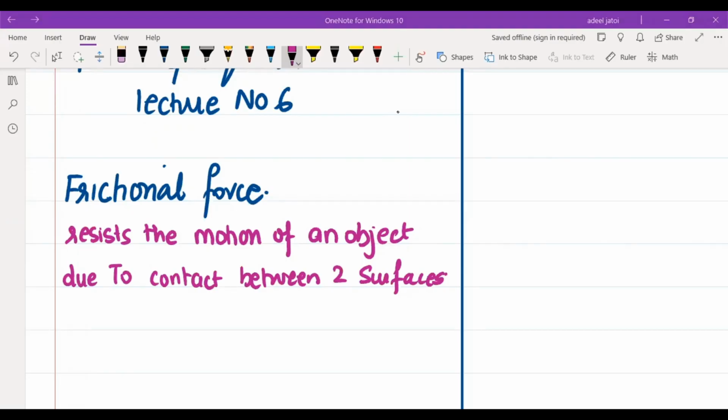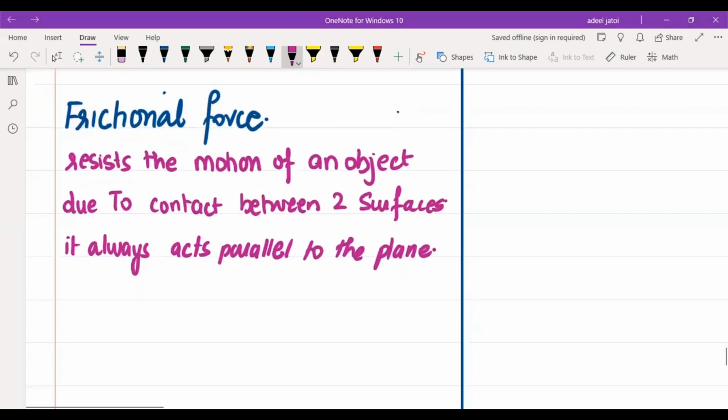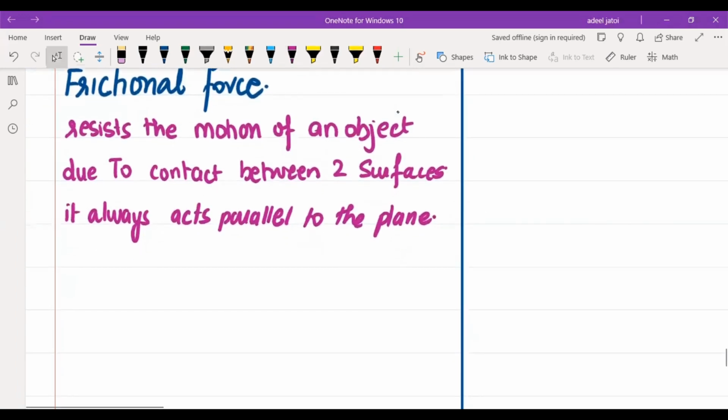Frictional force, let's say, always acts parallel to the plane. So that means it is always parallel. If the plane is horizontal, then frictional force will be horizontal.